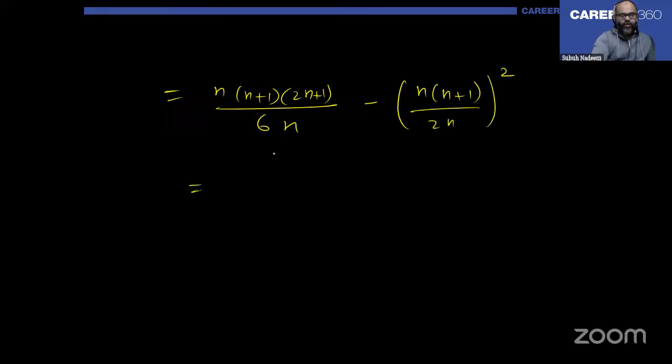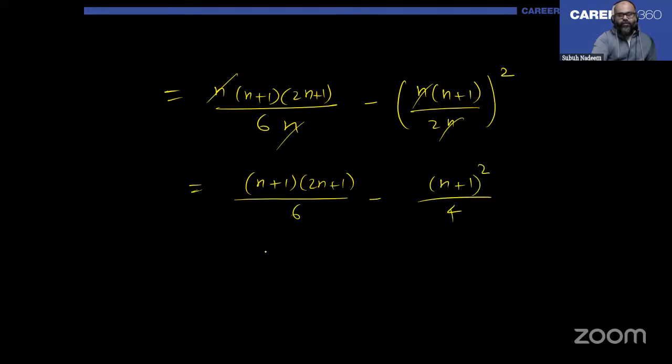So this n will cancel, this n will cancel, and this will become (n plus 1) into (2n plus 1) by 6, and this will become (n plus 1) whole square by 4. So we take n plus 1 common, and we also take 2 common.